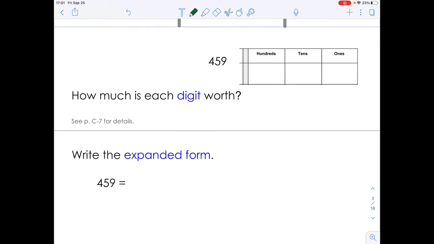How much is each digit worth? Well, using our place value chart is probably the best way to find out the value of each digit. So 459 would simply be written like this on our place value chart, and below I can write the actual value. So 4 hundreds is actually worth 400, 5 tens is worth 50, and 9 ones is just simply worth 9.